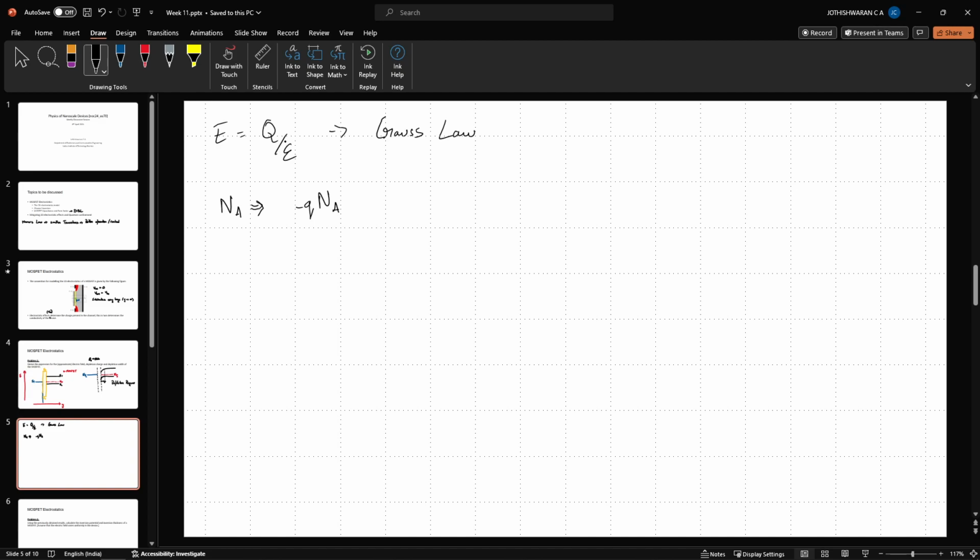So yes, this is not q by epsilon. I'm sorry, it should have been sigma by epsilon, where sigma is the surface charge density. Apologies for that mistake. And Na is per unit volume. Therefore, Na divided by the depletion width is going to be sigma.